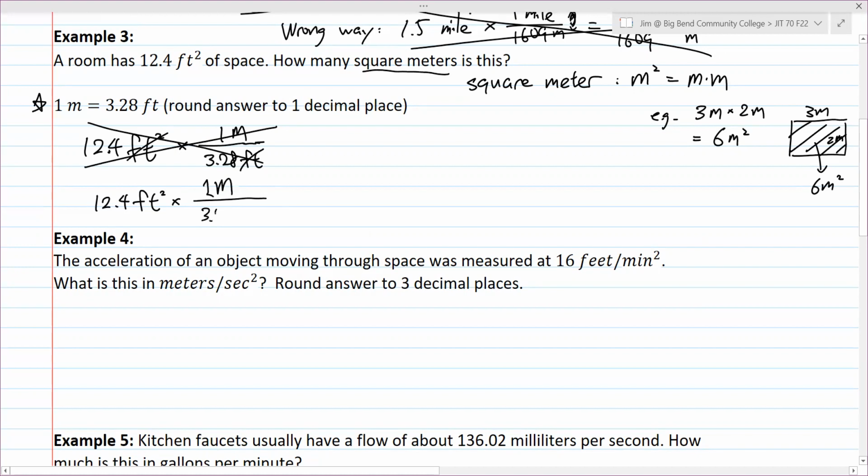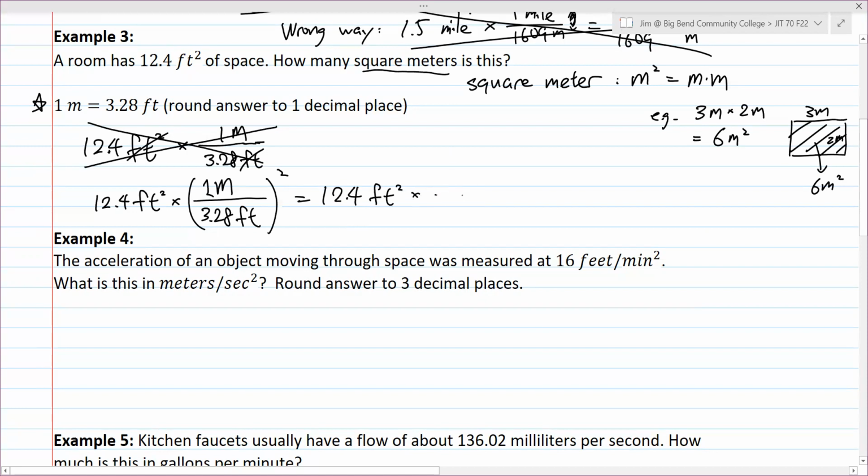What we should do is to square the entire fraction. Why do we do that? Because we have to square everything in the fraction to cancel the units correctly. And then let me show you slowly, right?